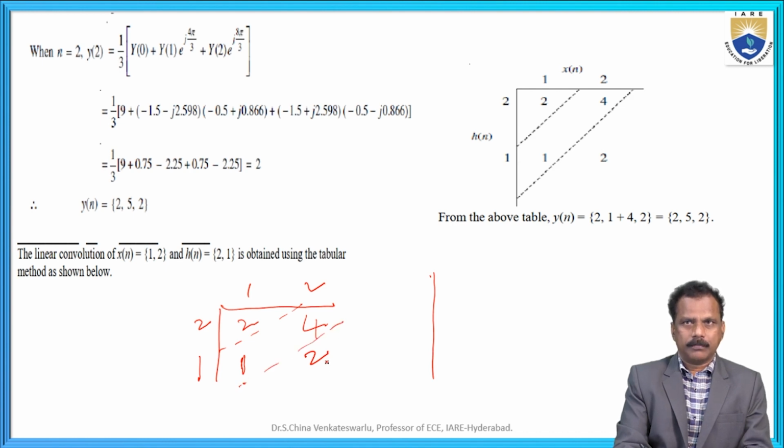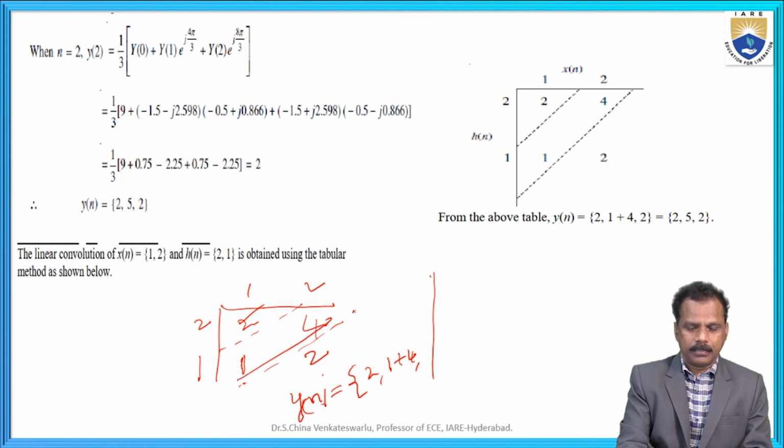After that, from this table we have to verify y of n, where y of n is equal to 2, then 1 plus 4, this value, plus 2. So therefore y of n is equal to 2, 5, 2.